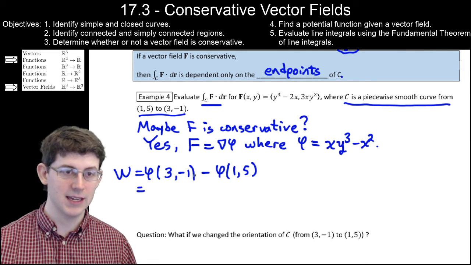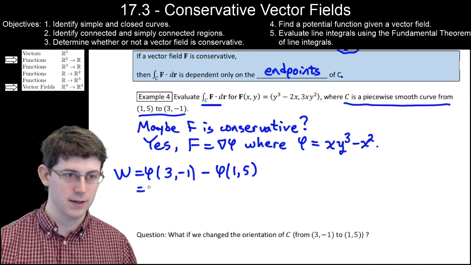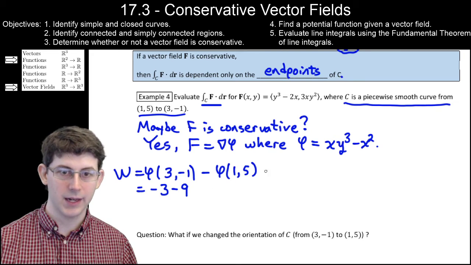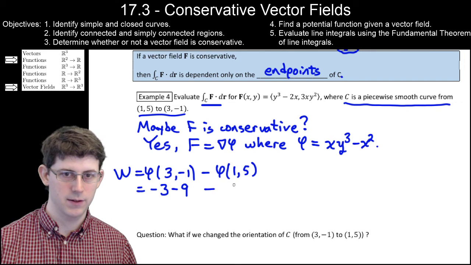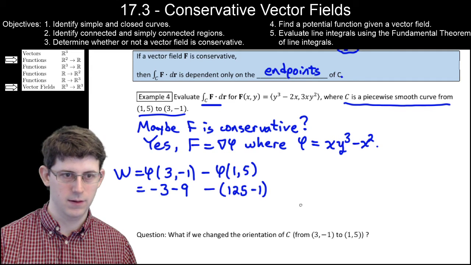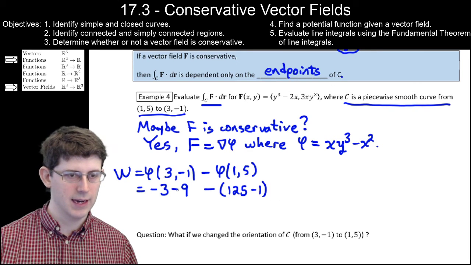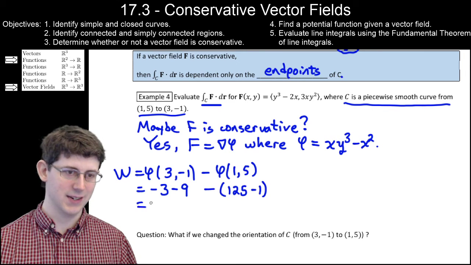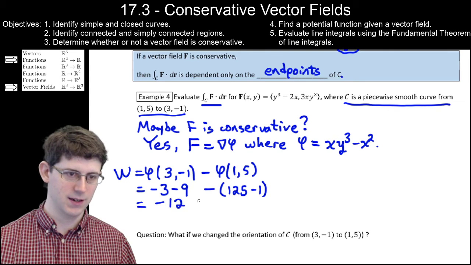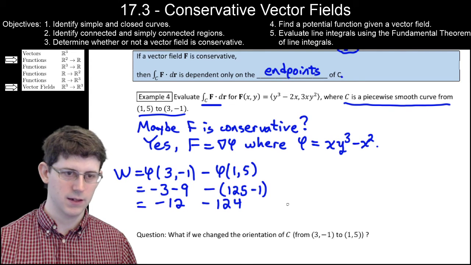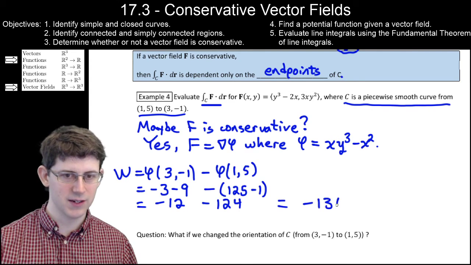So you plug in 3, minus 1. And plug in 1, 5. Looks right, maybe. Yep. And I get minus 12 minus 124. So the work done is minus 136.